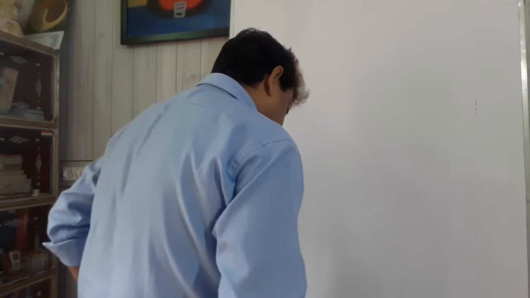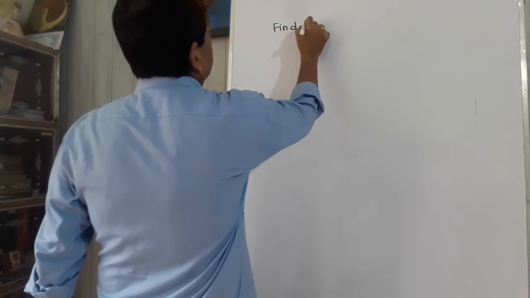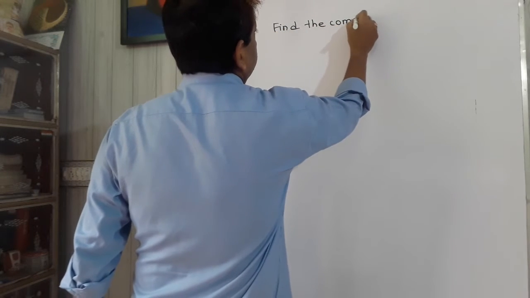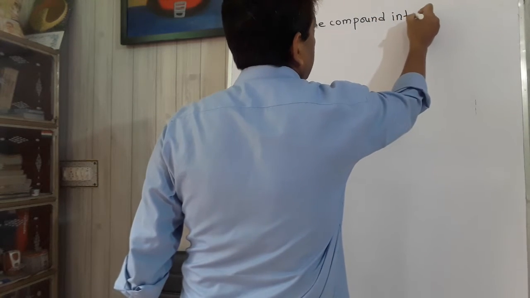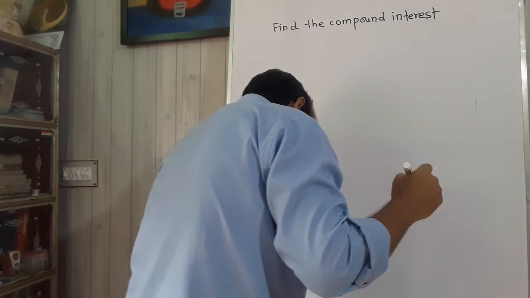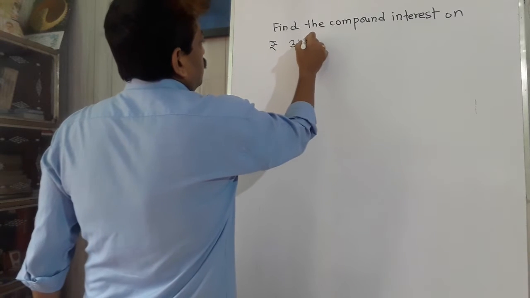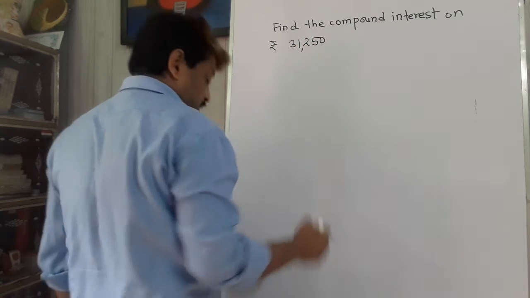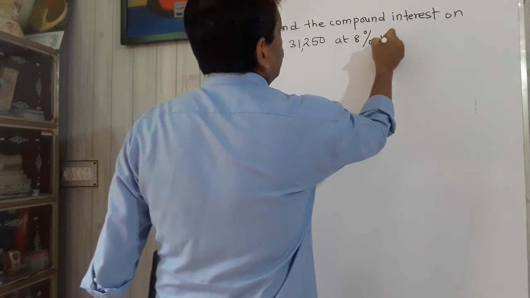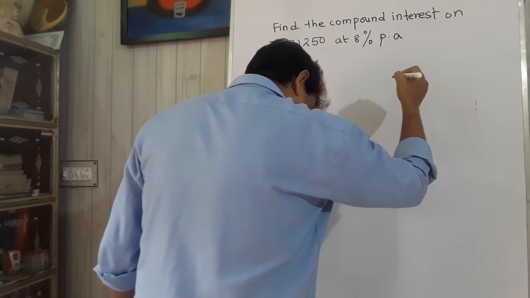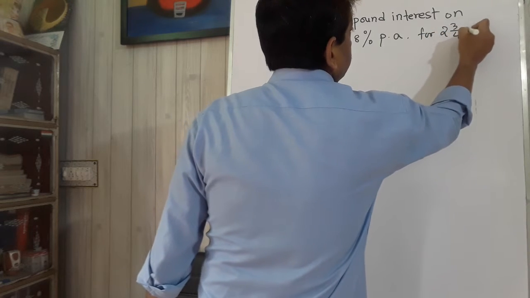Here the question given is: find the compound interest on rupees 31,250 at 8% per annum for 2 whole 3 by 4 years.